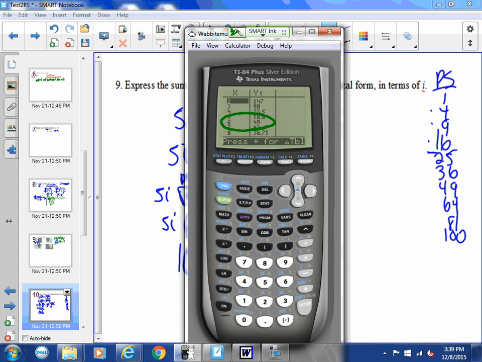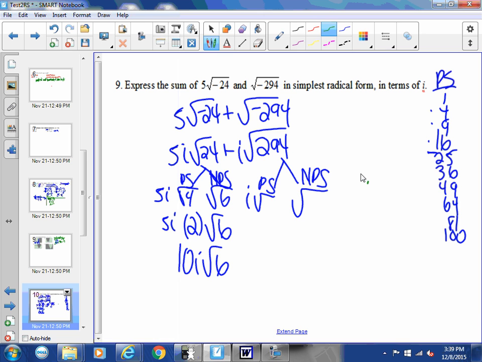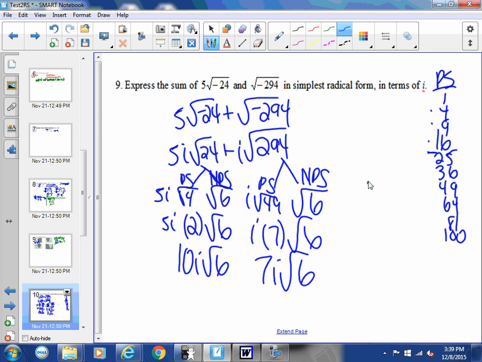I see 49 and 6. So my perfect square is 49, my non-perfect square is 6. Radical 49 is 7, then I get 7i, radical 6. There's a plus between them, so when I add them together, I get 17i radical 6.